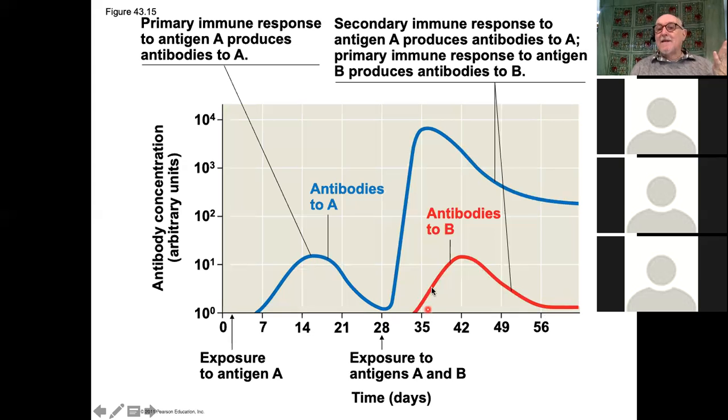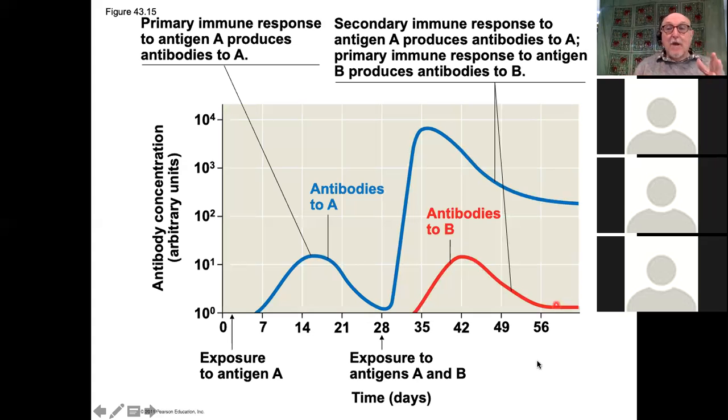You have exactly the same. This is a new antigen. You have to do the whole thing all over again. Now you've got to regenerate all of those processes. But again, you're going to form memory now for antigen B. And if we have a second exposure to antigen B, the response would look much like this.